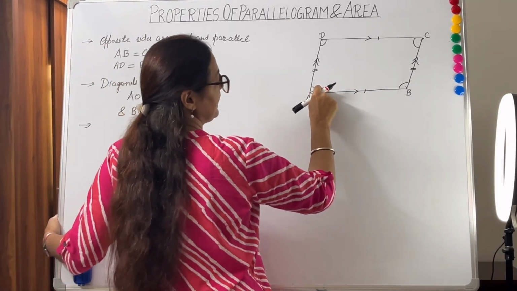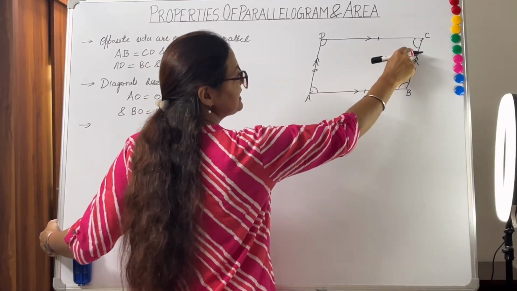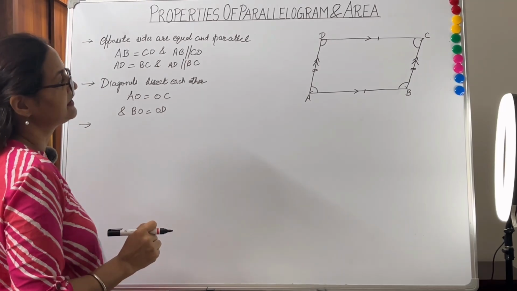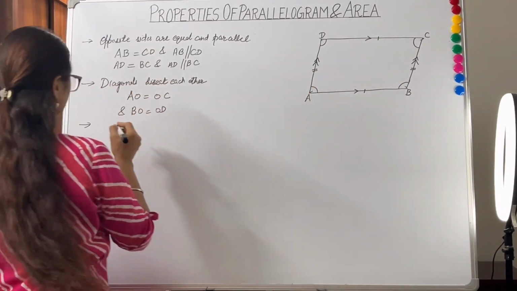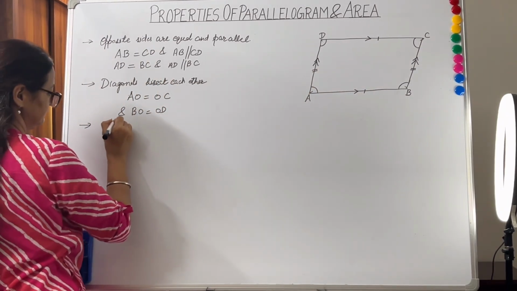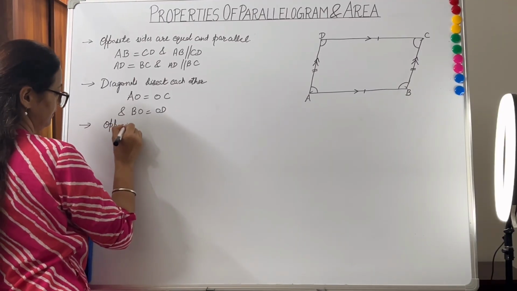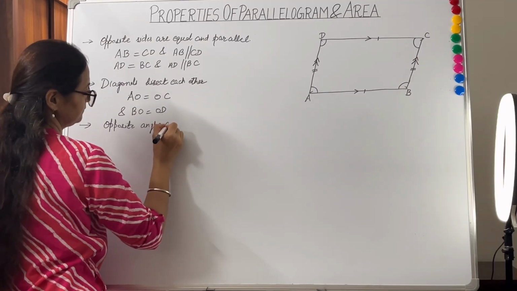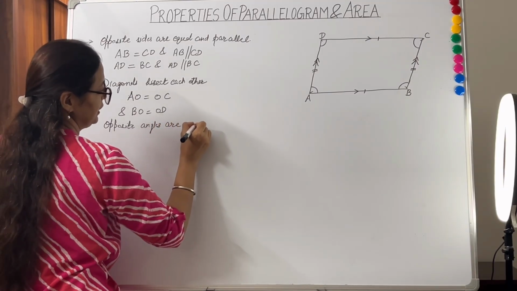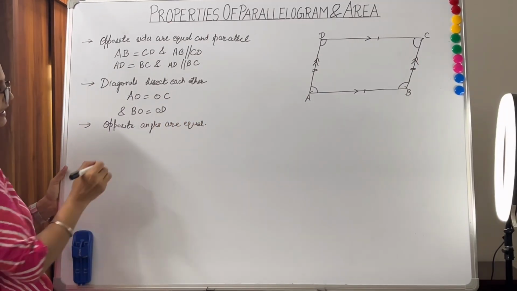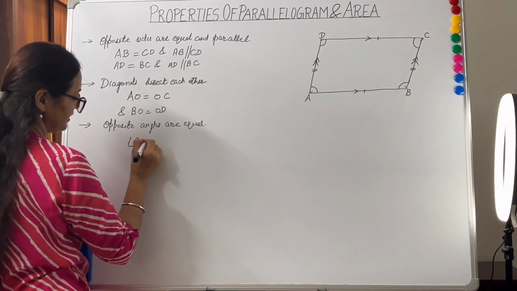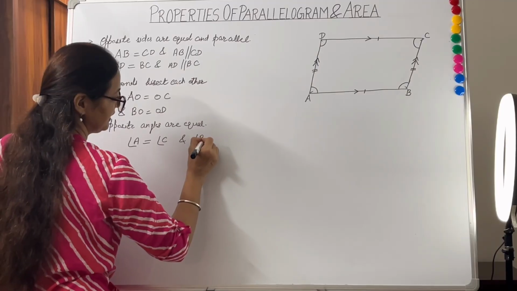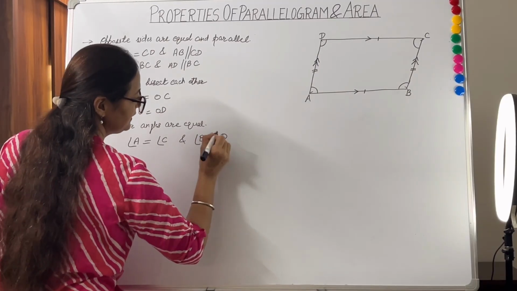Opposite angles कौन सी है? A and C are opposite angles, ठीक है? And B and D are opposite angles. So they are equal. Opposite angles are equal. Okay. So according to our figure, we will write down angle A is equal to angle C and angle B is equal to angle D.